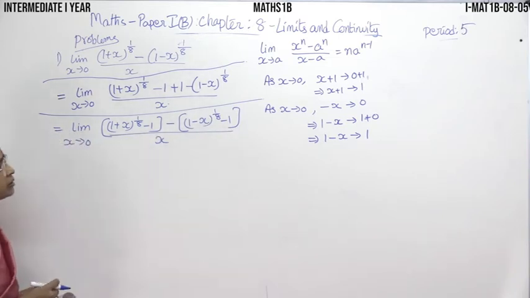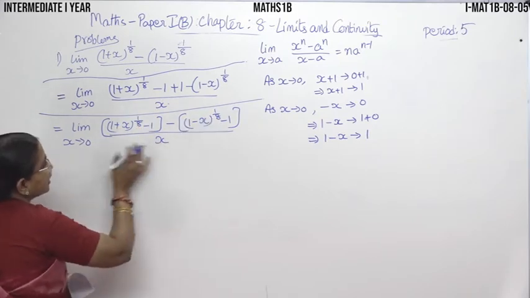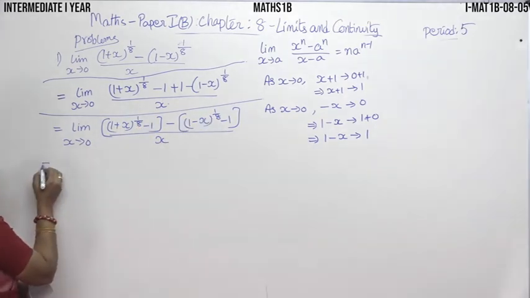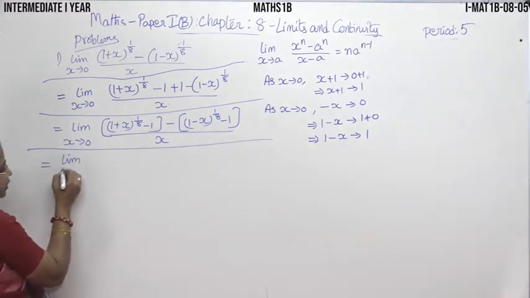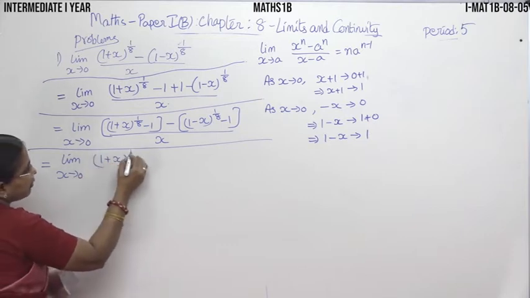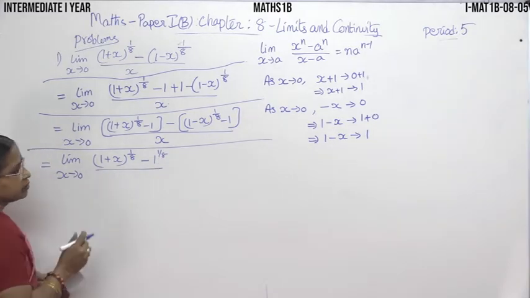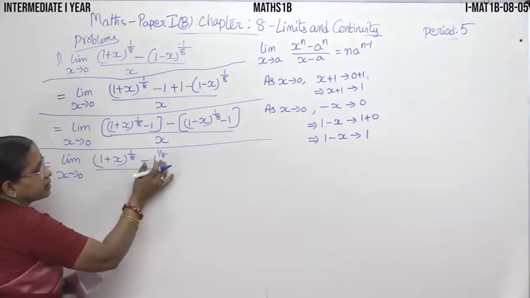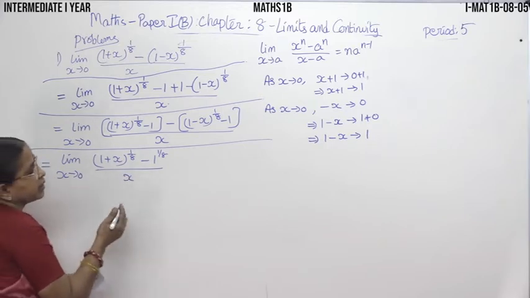Now we'll divide this separately by x and this also by x, and write the limits separately. So it is equal to limit x tending to 0 of 1 plus x whole to the power 1 by 8. This 1 also we write as 1 power 1 by 8, so that it is in the form x power n minus a power n by x, and we change x to x minus a.